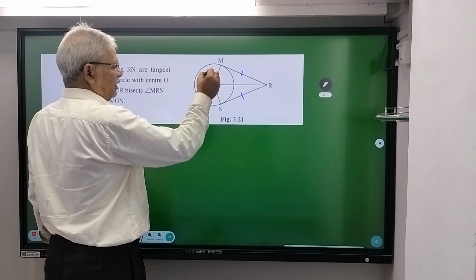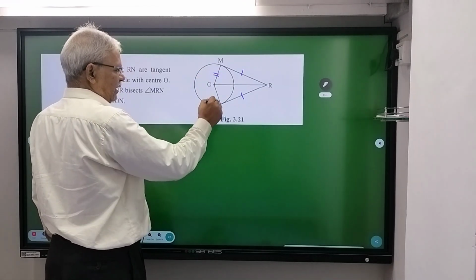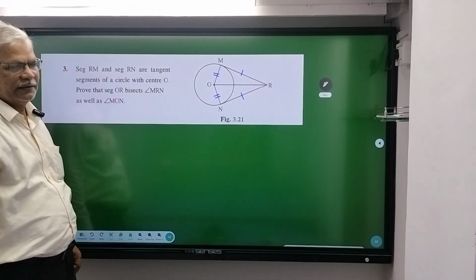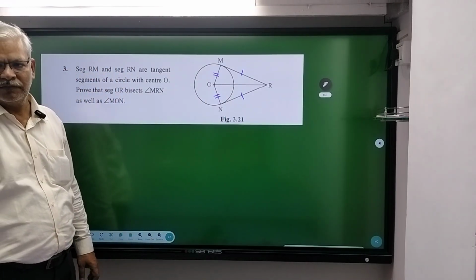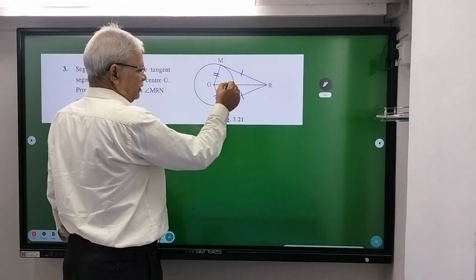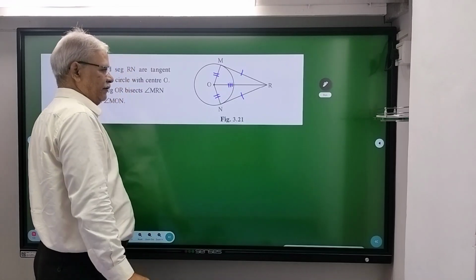Here OM and ON will be congruent because they are the radius of the same circle, and this OR is a common side.